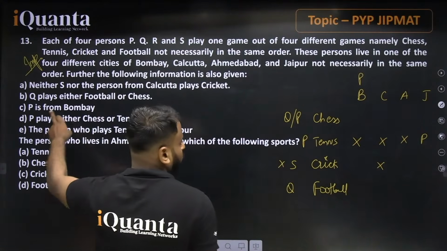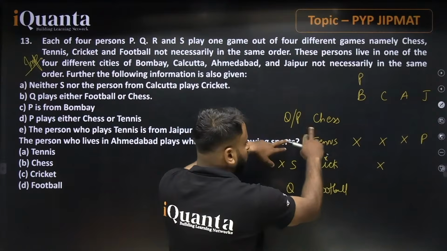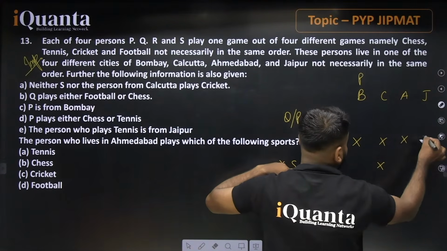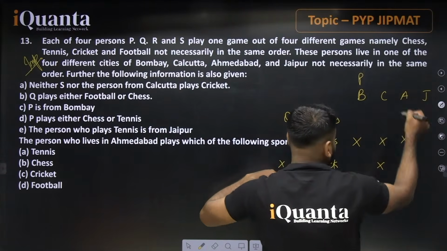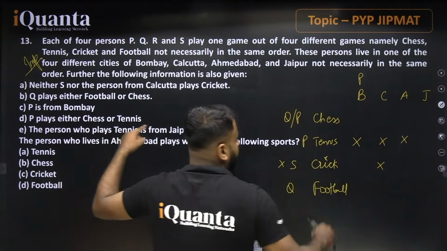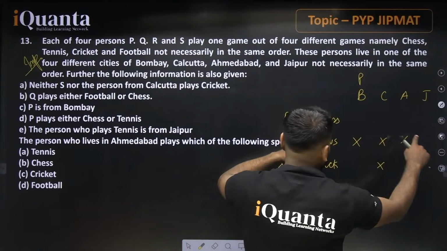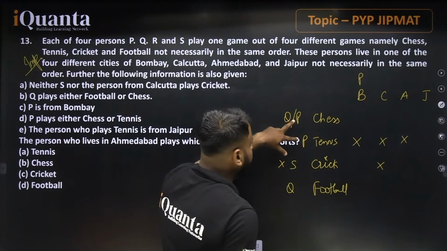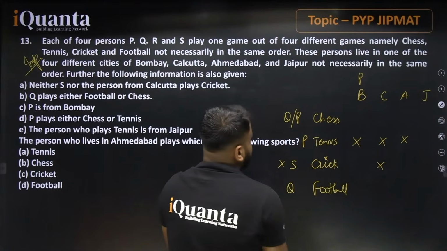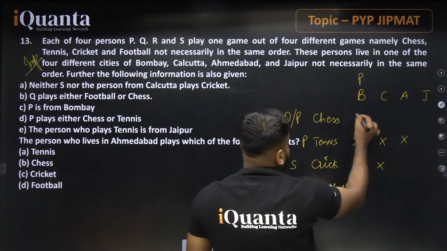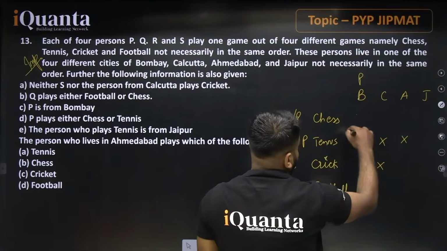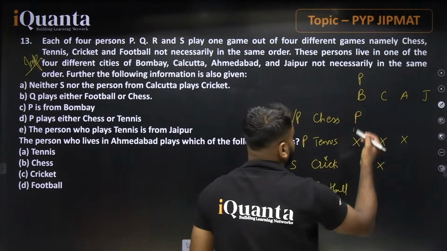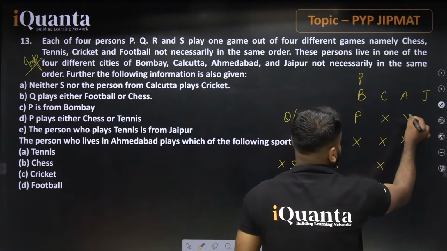But see, P is from Bombay. Can we say that P will come over here? No, there is no possibility of P being over here, because P is from Bombay and the person who plays tennis is from Jaipur. So definitely P will be here, in Bombay, and the rest of the things get cancelled out.